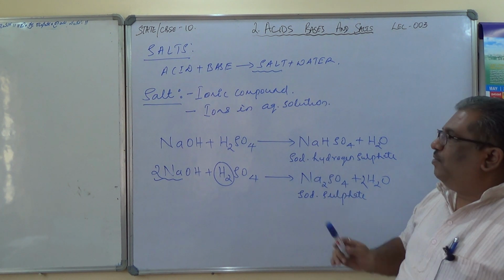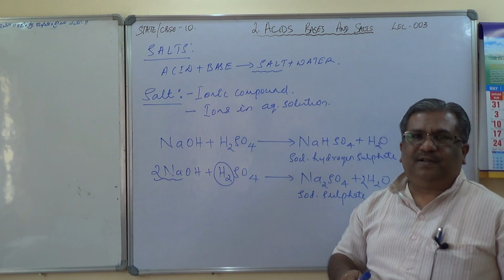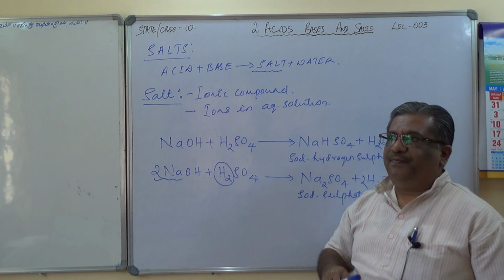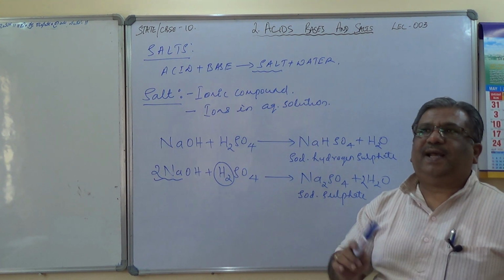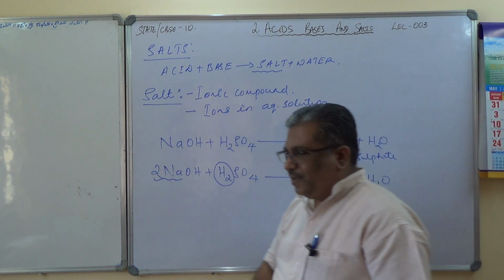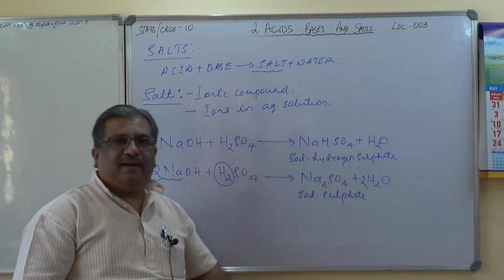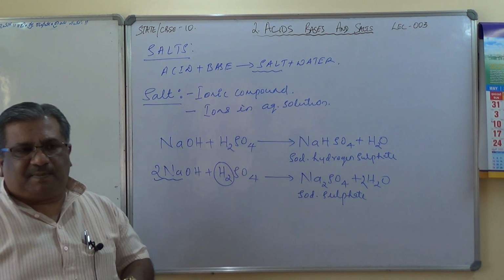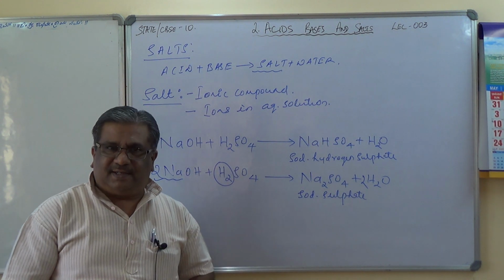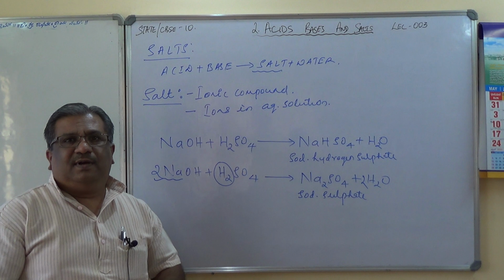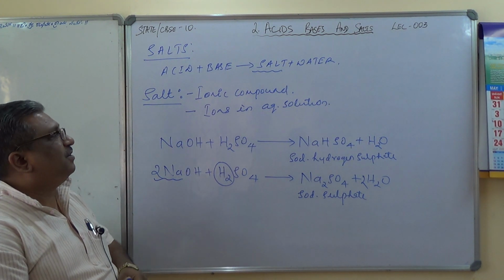Salt is a product which is formed by either partial or complete replacement of replaceable hydrogen atoms in an acid by a metal atom whenever acids and bases react together. I hope you are able to understand. Once again, salts are formed by partial or complete replacement of replaceable hydrogen atoms in acids by a metal atom whenever acids and bases react together. So this is how the definition of the salt goes.